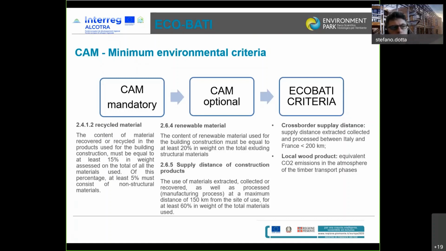So we delivered another criterion that is environmental, of course, but would like to improve the cross-border supply. And we delivered a new criterion about that, and also another criterion about specific wood products in order to quantify the CO2 emission in the atmosphere of the timber products in the transport phases, in order to increase the number of local wood products.